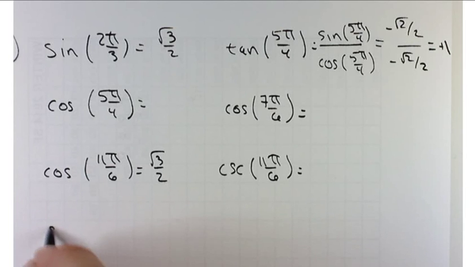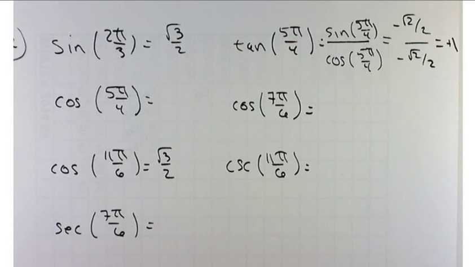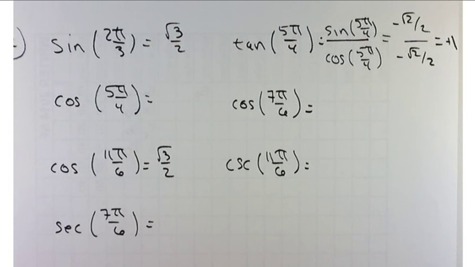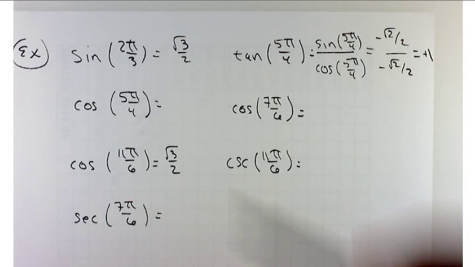Let me add one more to the mix here. Secant of 7 pi over 6. And it dovetails nicely with this one here. So I'm going to give you a minute. Help each other out. Mimi and I will walk around, try and help you out. But try and find exact values for each of these trigonometric functions.